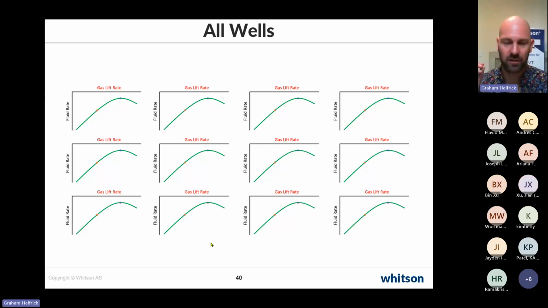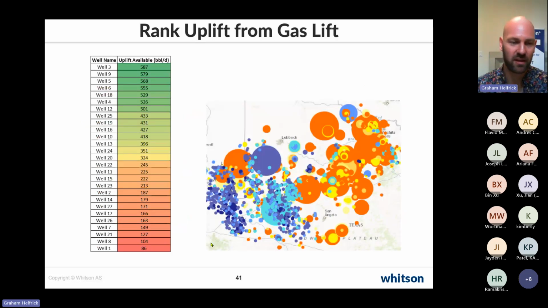So once you do this for all the wells, you'll be able to report the uplift liquid rate that each well has available through gas lift optimization. So once you can report that, that means you can rank it. Okay, so theoretically we'll be able to rank the delta rate through a gas lift rate change. Okay, and this means you can prioritize things. You can start planning where and how you're going to change your gas lift operations.